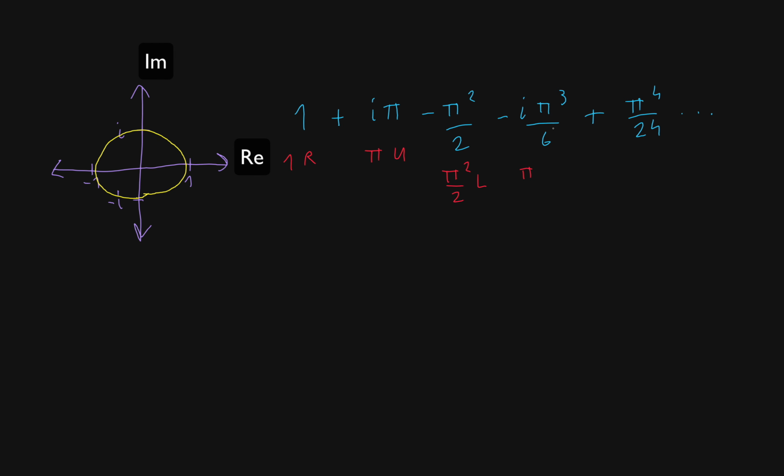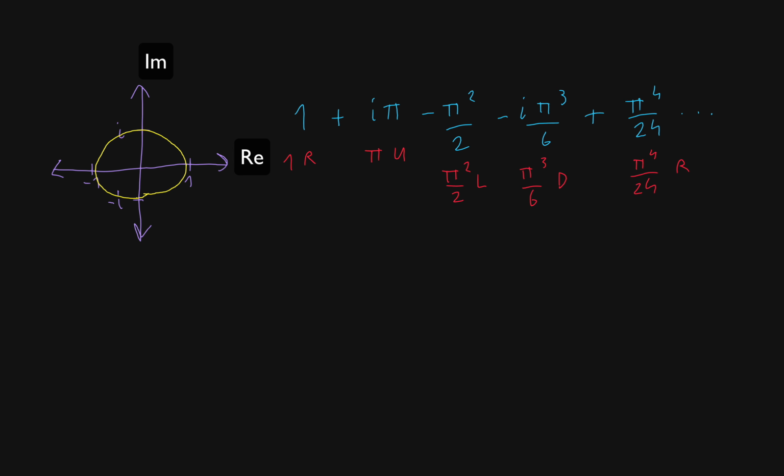Then this term, you're going to have pi cubed over 6 movements down. And then, once again, this is pi to the 4th over 24 movements right. And so this is basically going to keep on being a never-ending loop, or well, it's going to eventually converge, as you might expect, on -1.